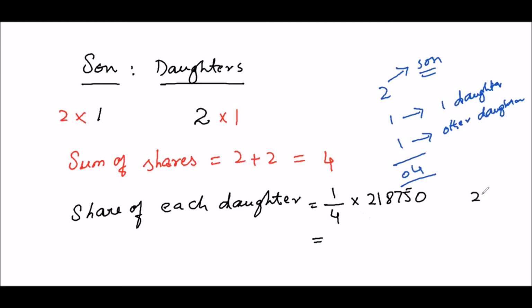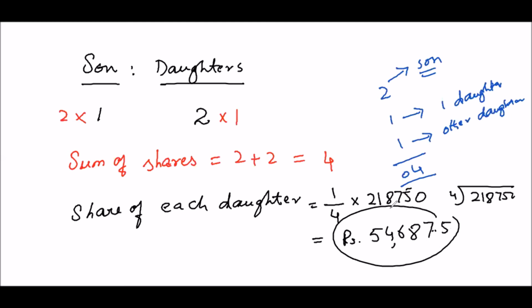You will divide 218,750 with 4, and we will get rupees 54687.5. It means 54,687. Now this is the fourth part.